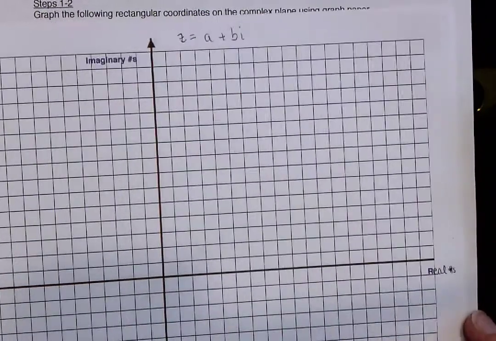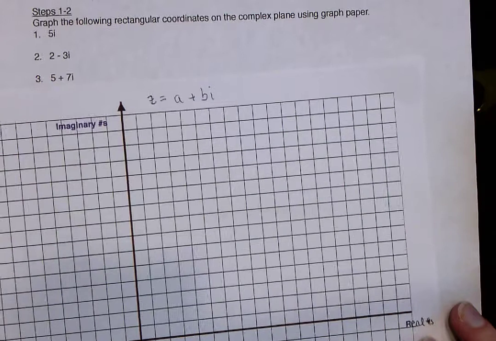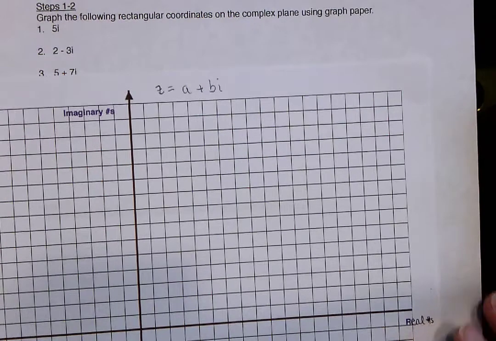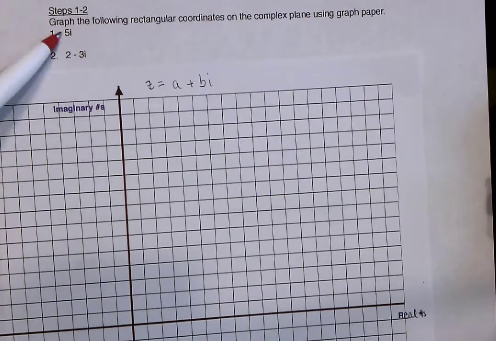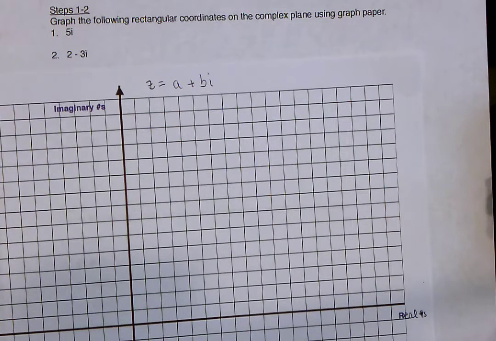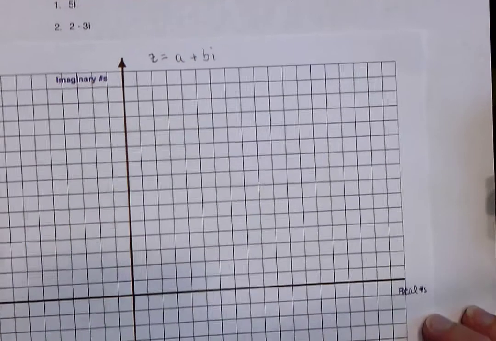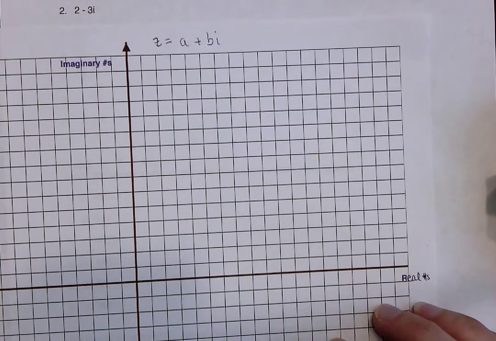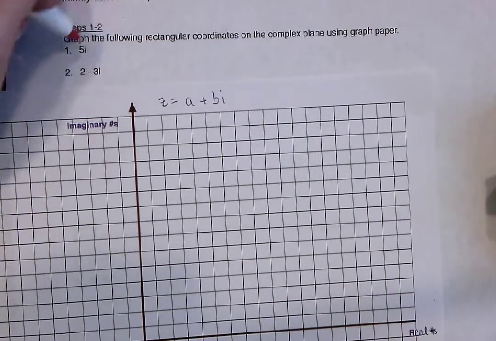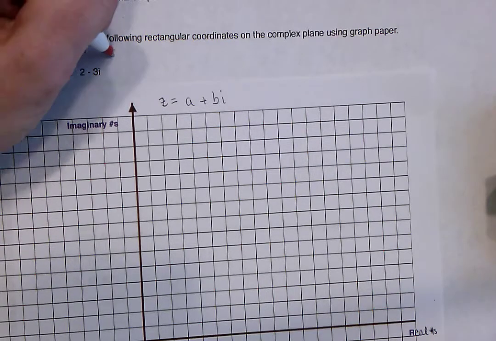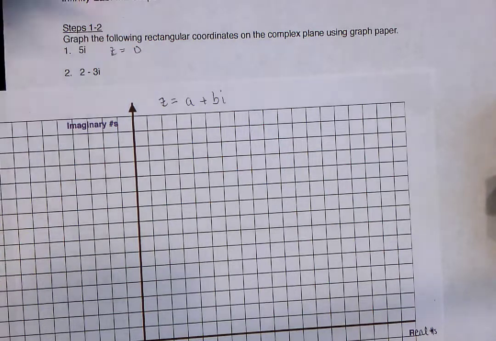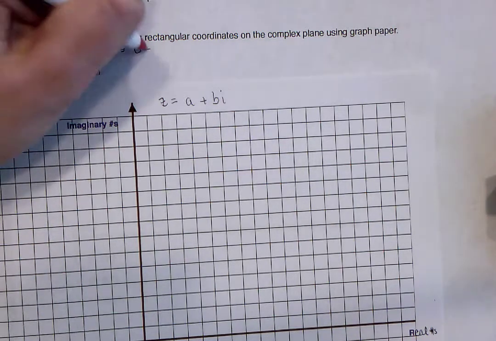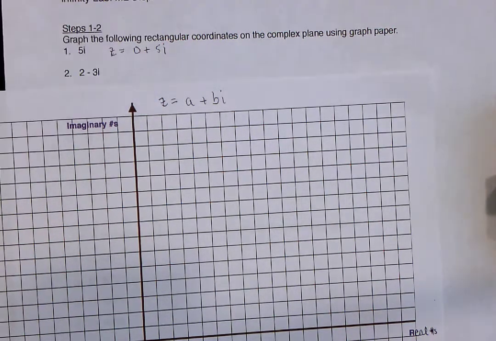So we're just going to graph a couple of different points. I'm going to graph on this one on the worksheet 5i and 2 minus 3i. So if we look at 5i, really 5i here can be represented by 0 as the real part, so 0 plus 5i.